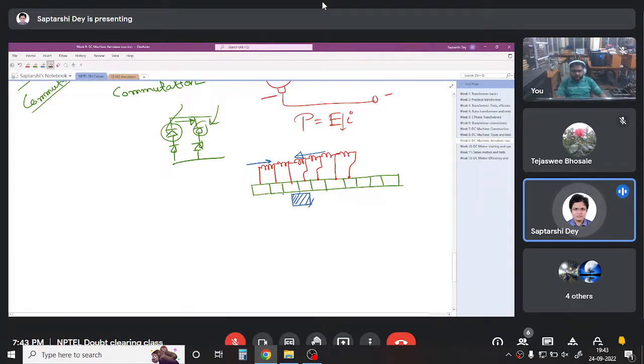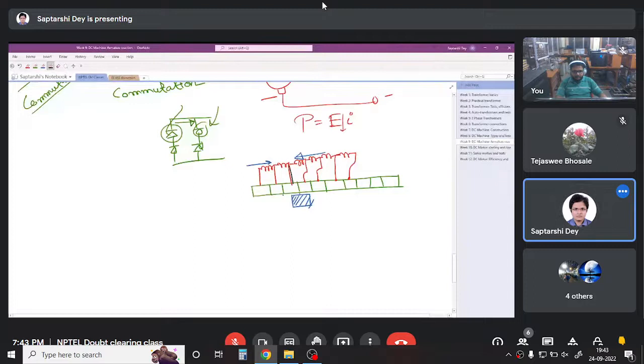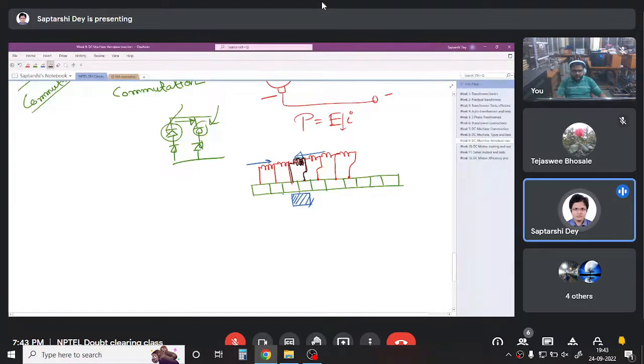I will draw it with black. Its two ends are connected at these two commutator segments. And this commutator segment is short-circuited by this brush. This brush is a conducting material, graphite or something. So it is short-circuited. A winding in a machine is short-circuited, but that is not causing any problem.